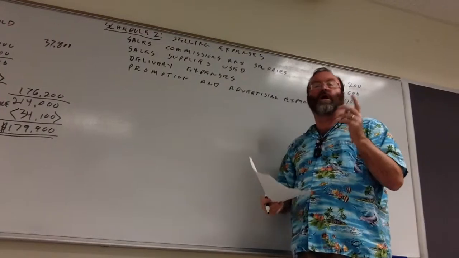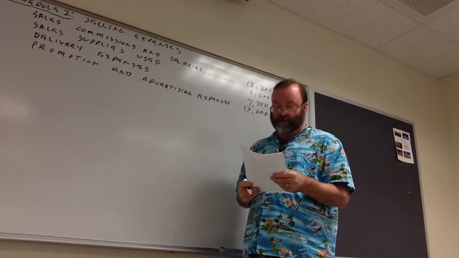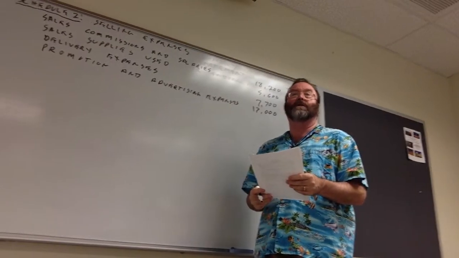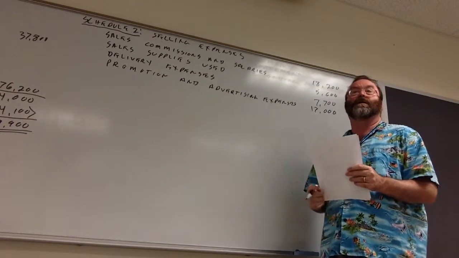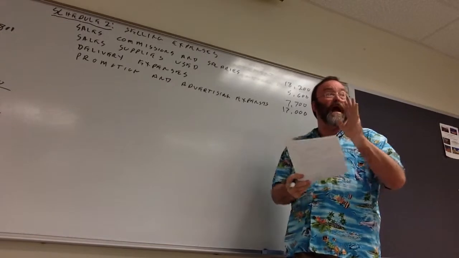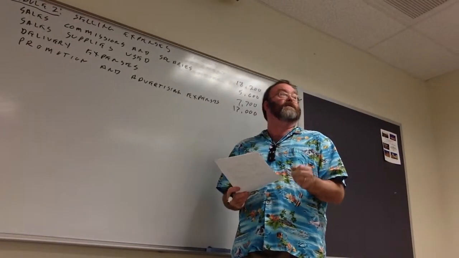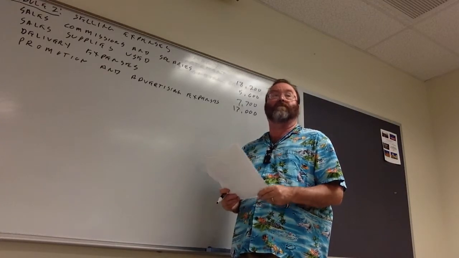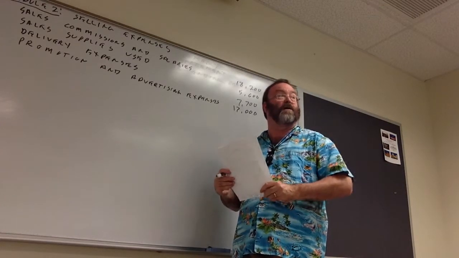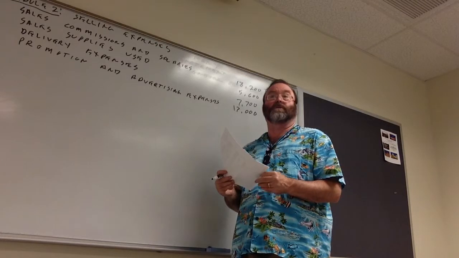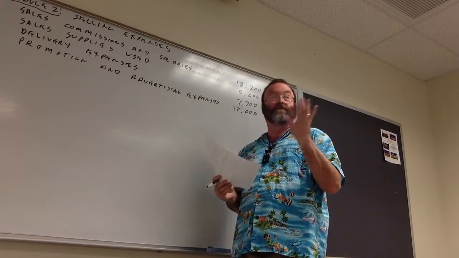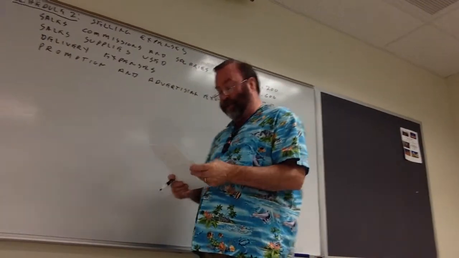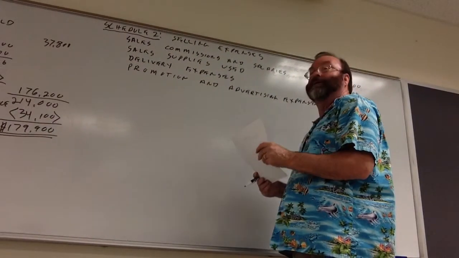Now this is where your author ends selling expenses. I myself would add the $2,700 worth of bad debt in here. Because bad debt, in my mind, is a selling expense. It is the responsibility of the sales staff to ensure that they sell to credit-worthy customers. So if you ever get into a position where you can make that decision, I highly recommend it.